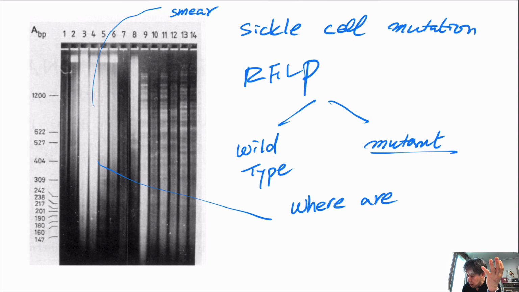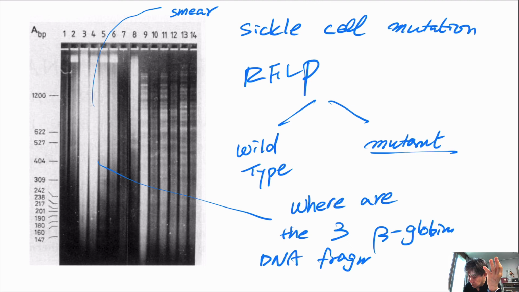Where are the 3 beta globin DNA fragments? This is a big question. How do you identify them?